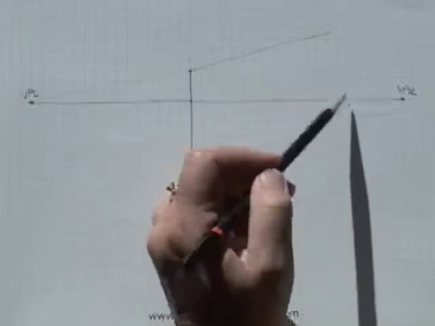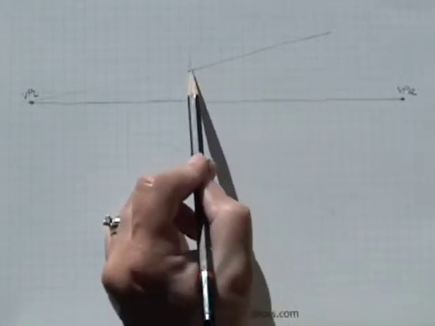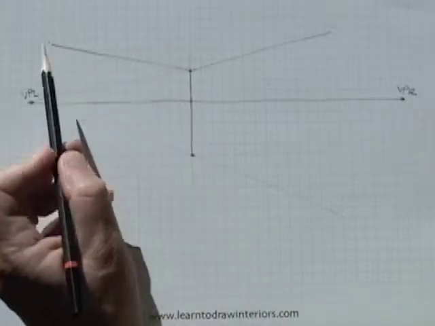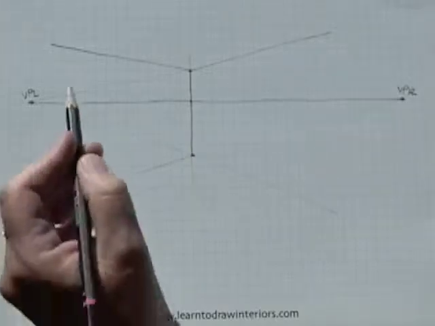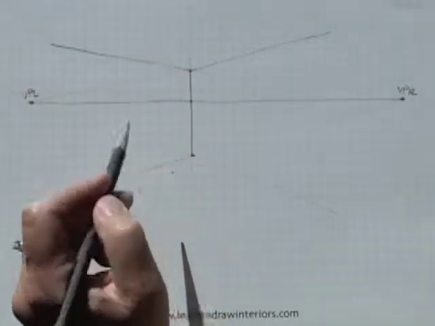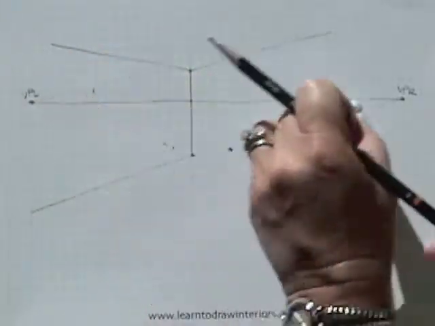This is the right wall. From vanishing point right through the top of the true height corner and out. And then at the base also, this is our left wall. These light guidelines could be erased.